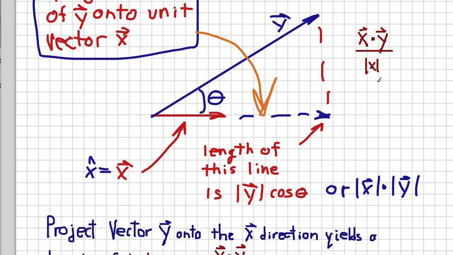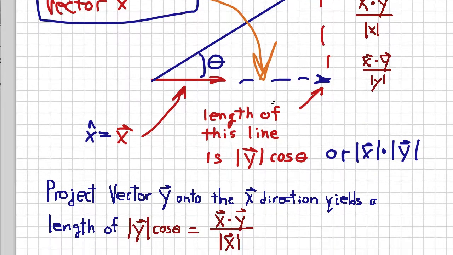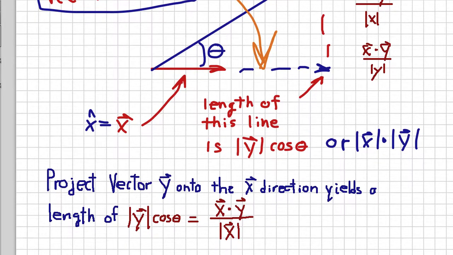The projection of the x vector onto the y vector is x dot y, same dot product here, and there we divide it by magnitude of y. So this is how we do projections, okay, in three-dimensional coordinate geometry. So project vector y onto the x direction yields a length of magnitude of y cosine theta, which is x dot y divided by magnitude of x.